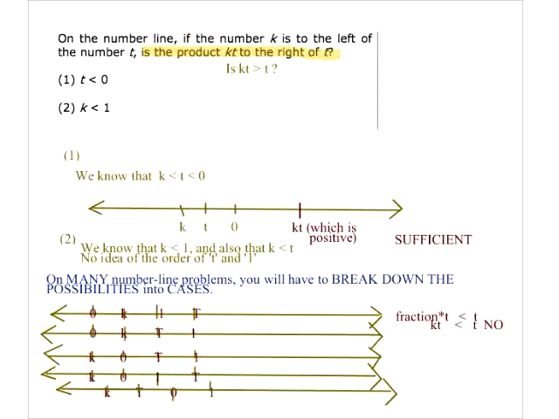In this case, k is still a fraction, t is still positive, so same thing. In this case, k is negative. So kt is negative, so kt is less than t. Same thing as here.